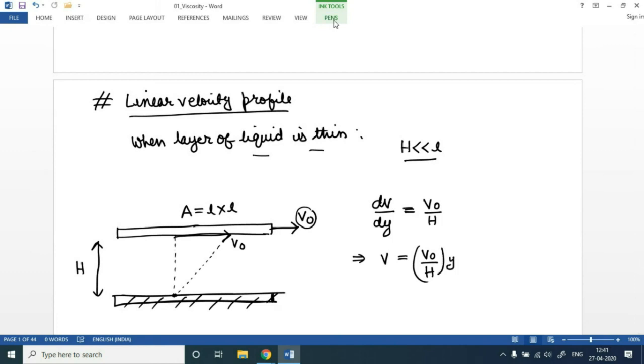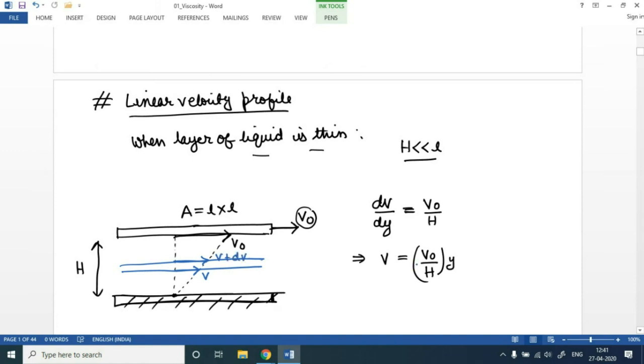For example, if we choose a thin layer of liquid here, this layer of liquid would be moving with v velocity, and this layer of liquid would be moving with v plus dv velocity.